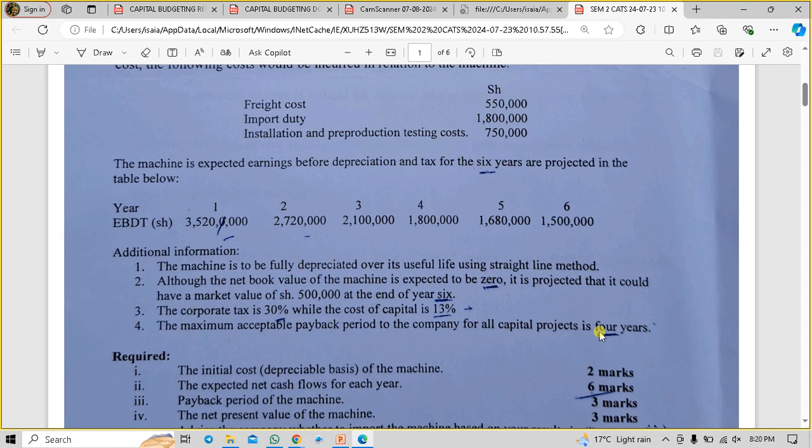So the new machine, that is what you should write, or you can use your words.